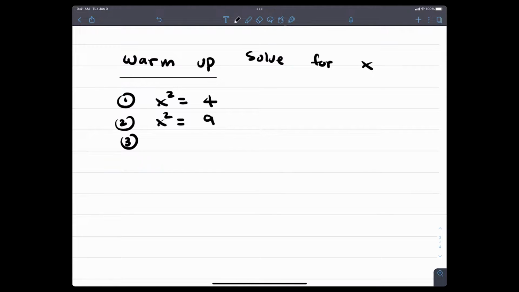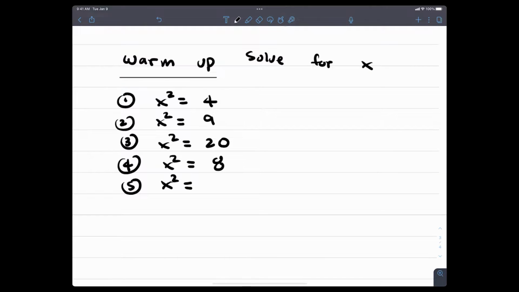All right, number 3, x squared equals, how about 20? Number 4, x squared equals 8. Number 5, x squared equals 12 here.